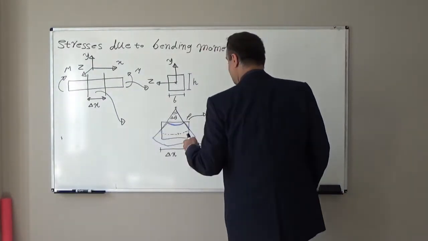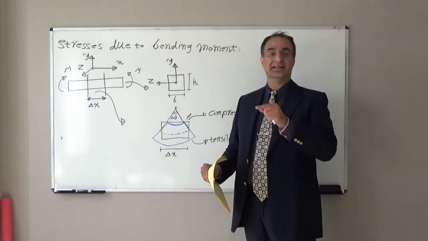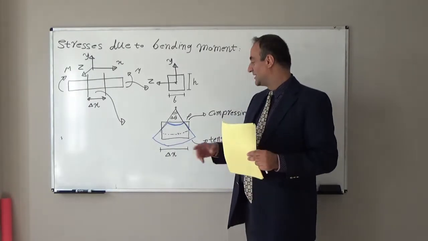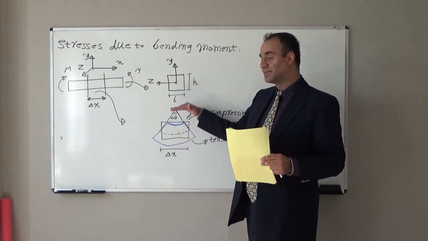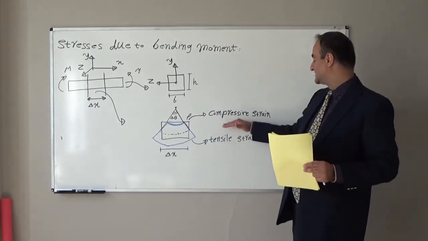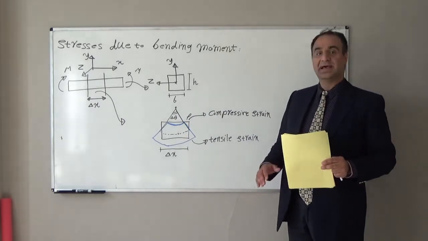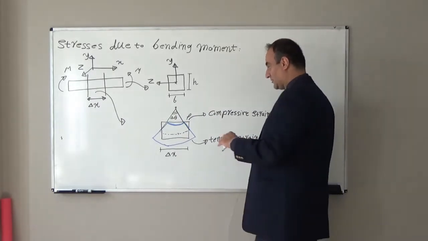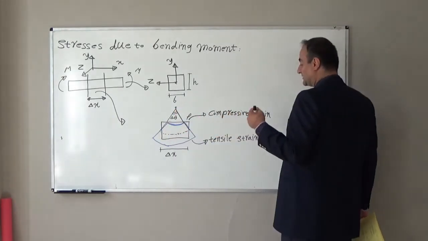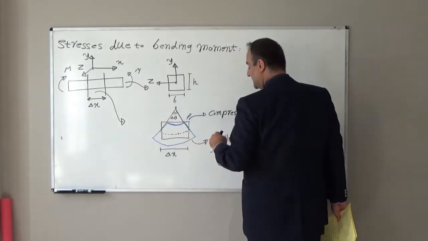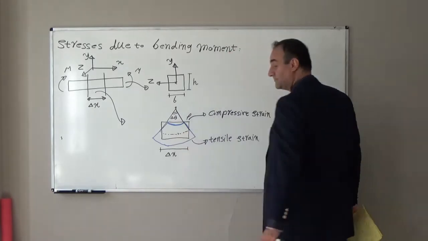Before we apply the bending moment and after we apply the bending moment, the length is constant. Above that fiber, we have compressive strain. Below that fiber, we have tensile strain. And it reaches the maximum value on top and on bottom. So we have maximum compressive strain on top, and maximum tensile strain in bottom of the beam.